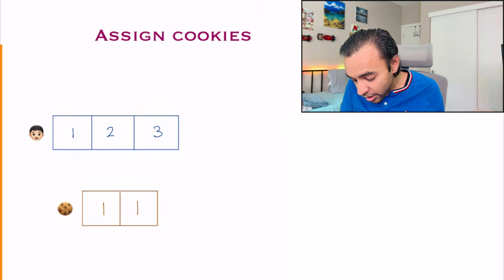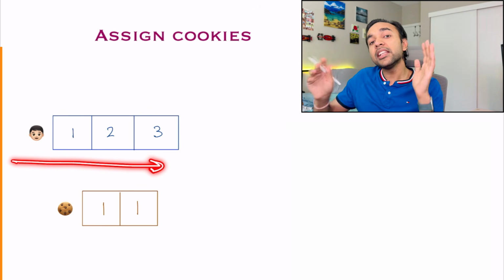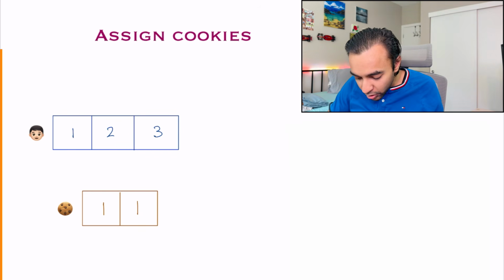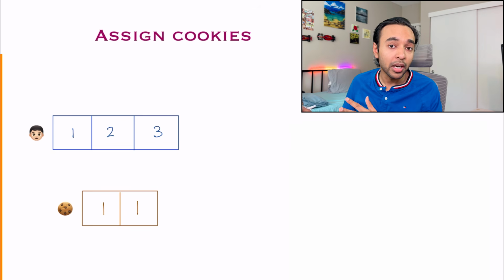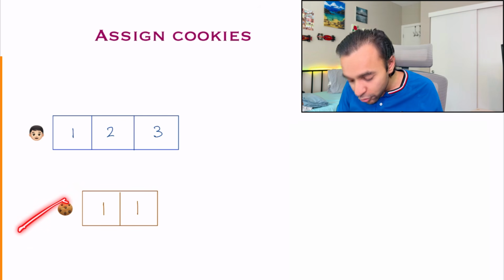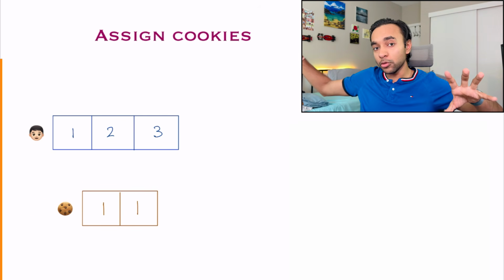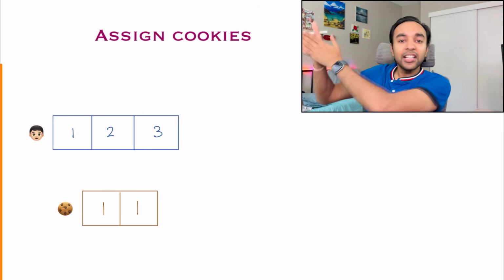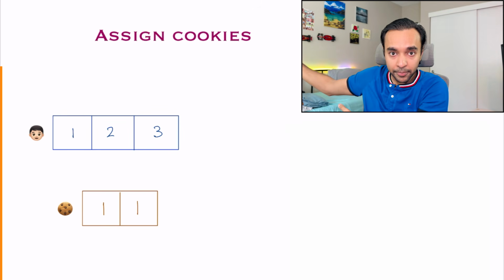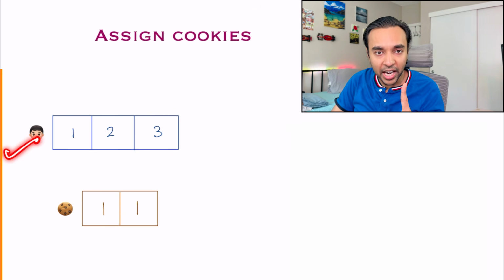What you're going to do is sort the children in the order of their hunger. So the first child will have the least hunger and the last child will have the maximum hunger. And similarly, you are going to sort the cookies available to you as well. The smallest cookie will be in the beginning and the largest cookie will be at the very end. You will start with the first child.